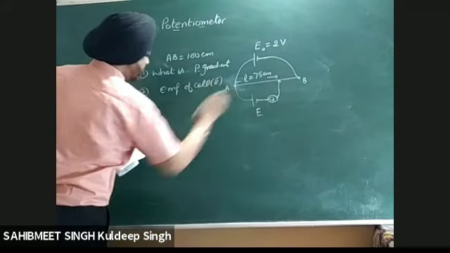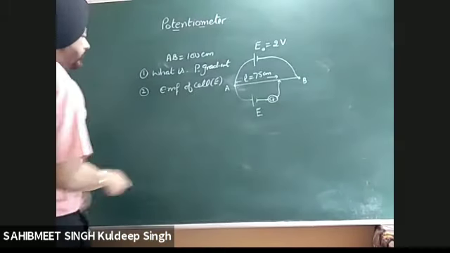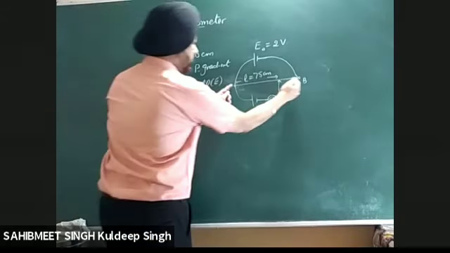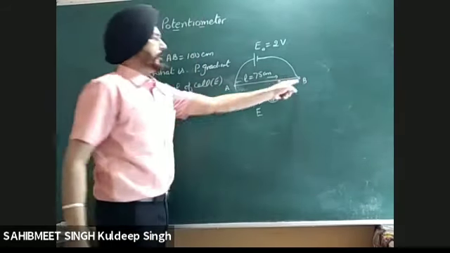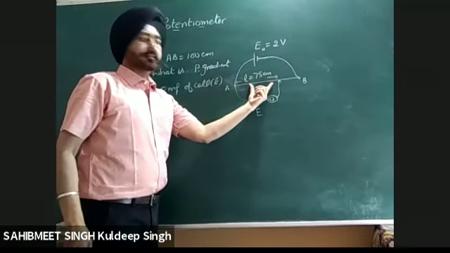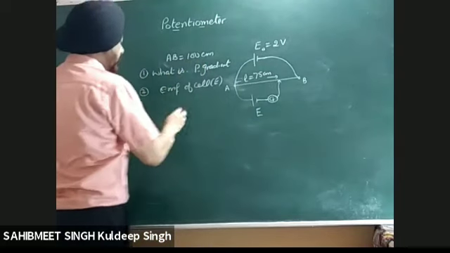What is E? These are the two points you have to find out. So already we know, to find the potential gradient, we will divide the total potential difference across the wire by the length of the wire. Here we are given the length of the wire equal to 100 centimeters.